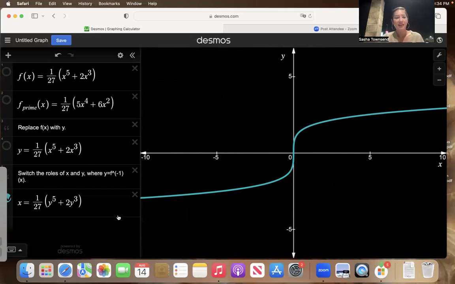So we see that x is a function of y. And what function of y is it? It's 1 over 27 times y to the 5th plus 2y cubed. So this is an equation that is satisfied by y equals f inverse. We'll write that down.